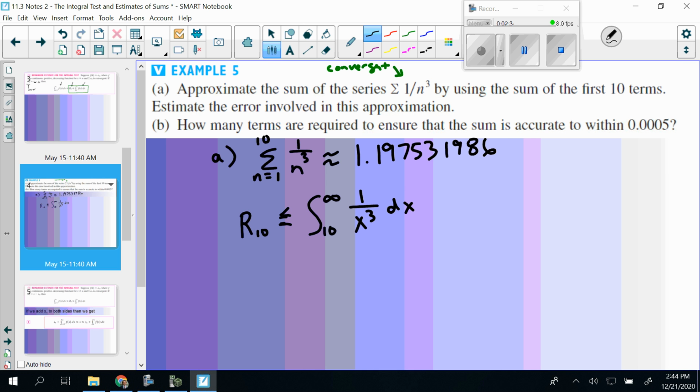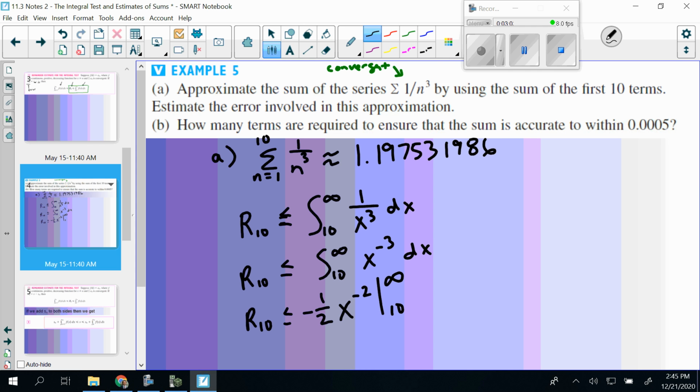So now we're going to solve this out and see what we get. The antiderivative of this, it's probably easier to think of it as x to the negative 3. So our antiderivative is going to go up a power, negative 2, times the reciprocal, negative 1/2. We're doing that from 10 to infinity.